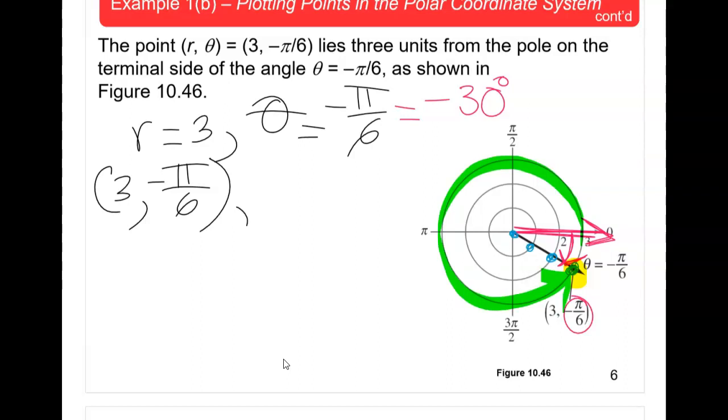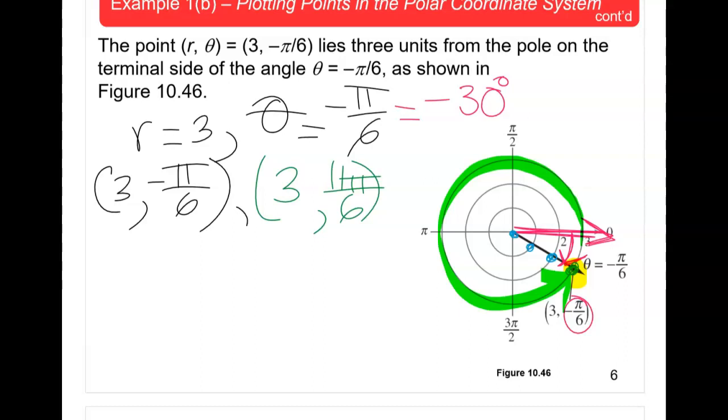And that in radians will be equivalent to pi over 6 before you get to 2 pi, or 12 pi over 6. So it is 11 pi over 6. And the radius is still positive.